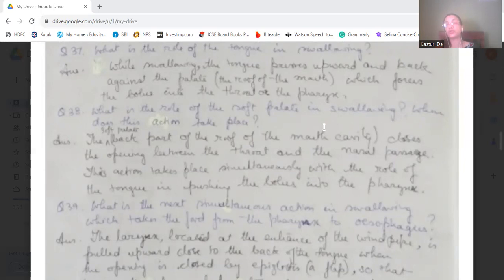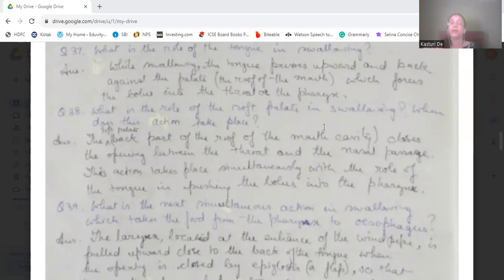What is the role of the soft palate in swallowing? The roof of the mouth is the hard palate, and the back portion is the soft palate. The soft palate, which is the back part of the roof of the mouth cavity, closes the opening between the throat and the nasal passage.